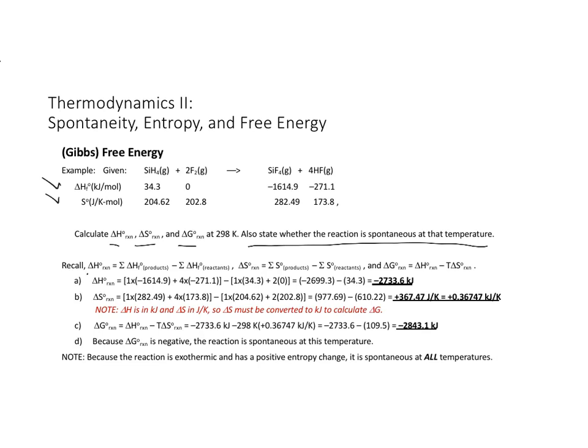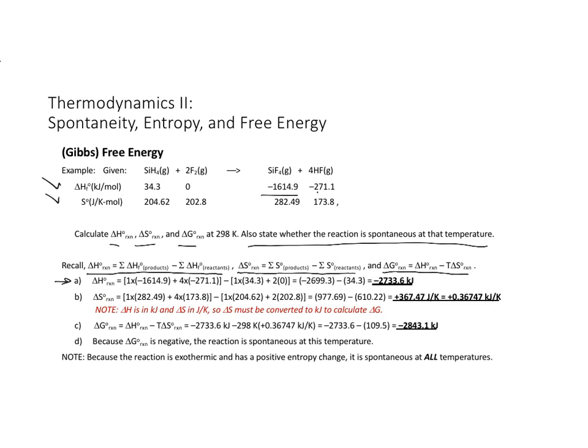And let's recall, delta H is products minus reactants for standard enthalpies of formation. The entropy is products minus reactants for absolute entropies, and delta G is delta H minus T delta S. Here's the calculation for the enthalpy change of reaction.